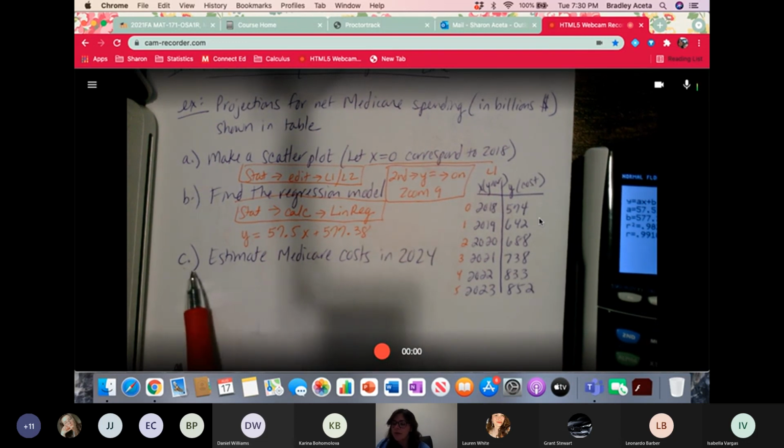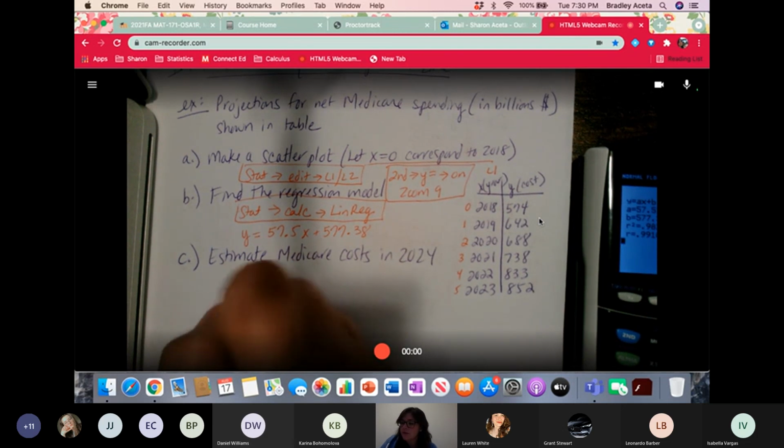So if I were to then answer part C, which says estimate the Medicare cost in 2024, how would I do that? Well, 2024 is actually, remember, our year 6. And where would we plug 6 in, for x or for y? Well, we'd put 6 in for x.